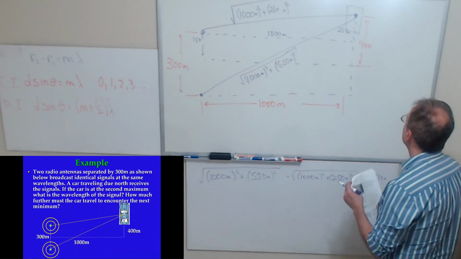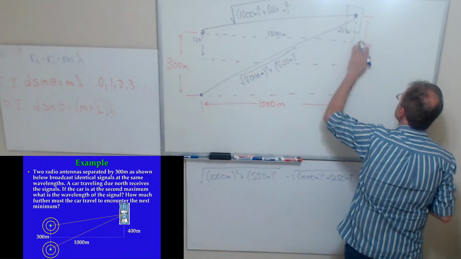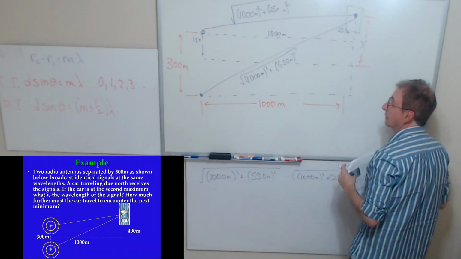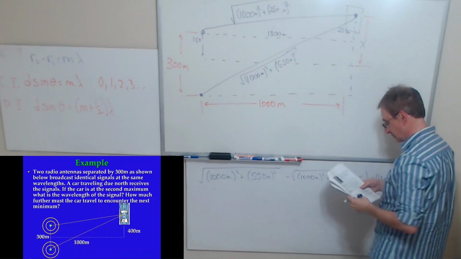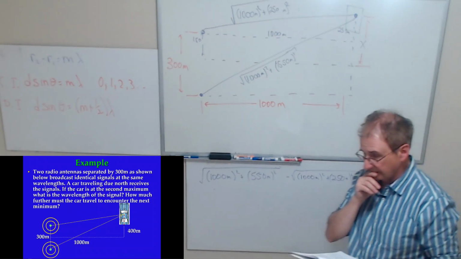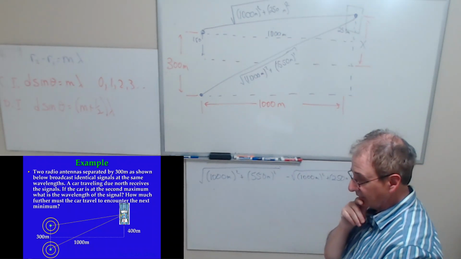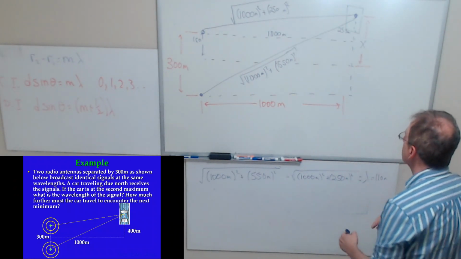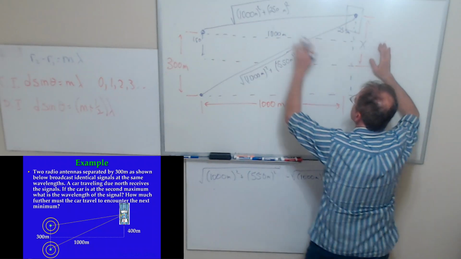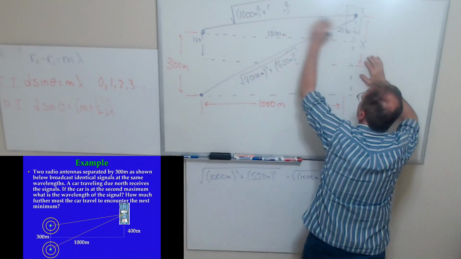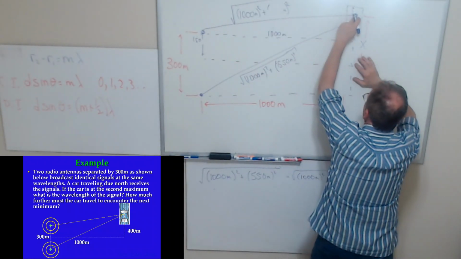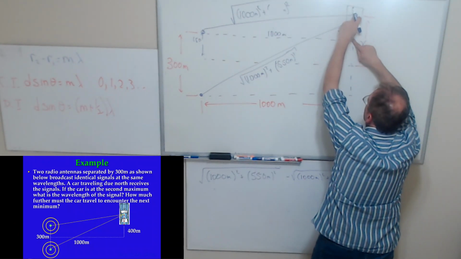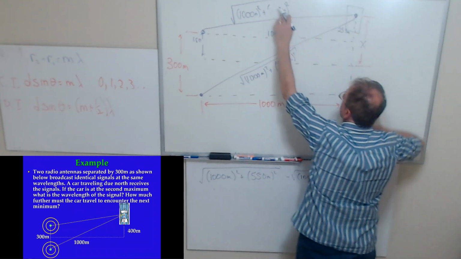And so I got to drive a certain distance x so that I get a second minimum, or the next minimum. If this is x, this distance is going to be what? Or this distance is going to be x minus 150.